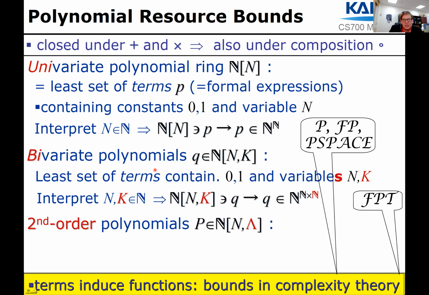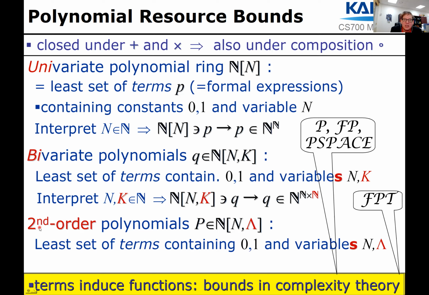Second order polynomials are also composed using two variables, like here, one variable n, which is interpreted later as a natural number, and another secondary or second order variable, which here we call lambda, which will be interpreted as a function from natural numbers to natural numbers to reflect that this is a higher type polynomial.